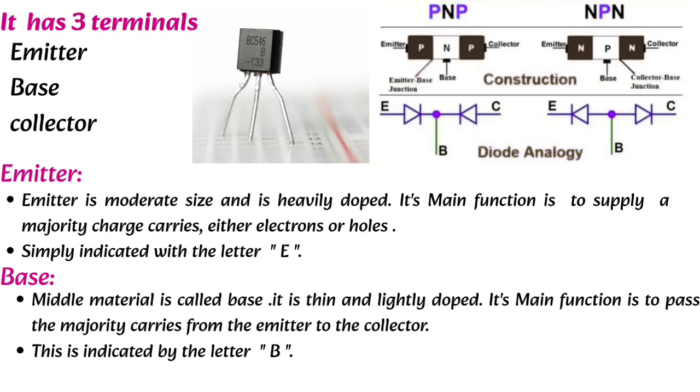Now we will see the main function of each terminal individually. First terminal is the emitter. The main function of the emitter is to emit the majority charge carriers. Those majority charge carriers may be either electrons or holes, depending upon the type of transistor we are using. For example, in a PNP transistor, the majority charge carriers are holes, so the emitter will supply holes.